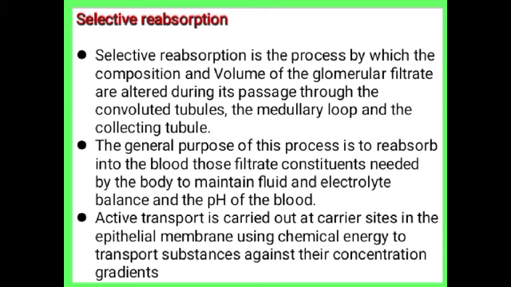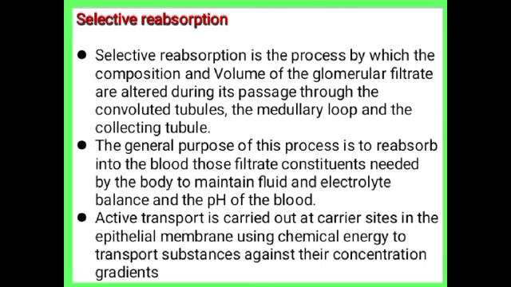There is a selective reabsorption that takes place at the proximal convolution. Selective reabsorption is a process whereby the composition and the volume of the glomerular filtrate is altered in its passage.